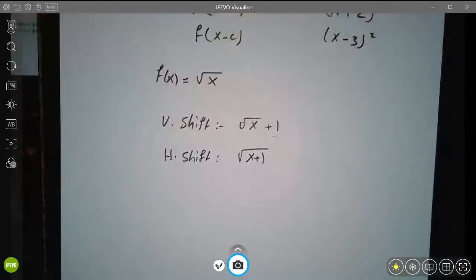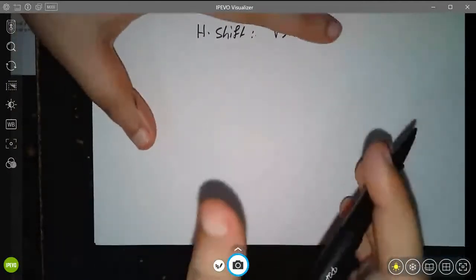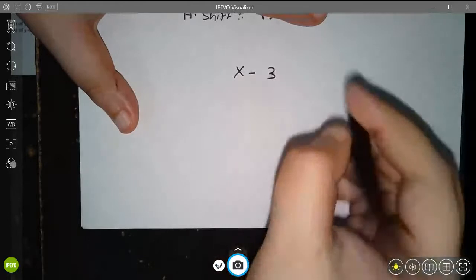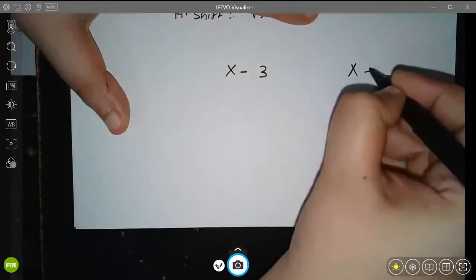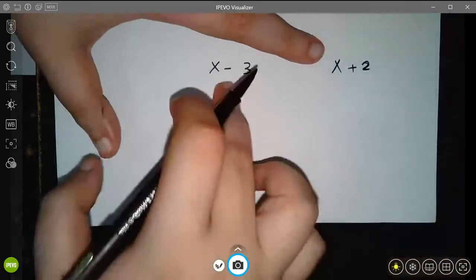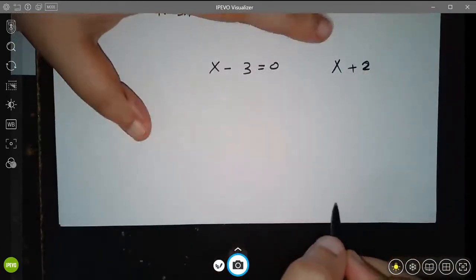But yeah, okay. So the reason why that happens is because when a function or a value for x is written in this form or that form, the sign usually gets flipped. Like for example, if I give you x minus 3 and tell you to solve that one, x minus 3 equals 0.